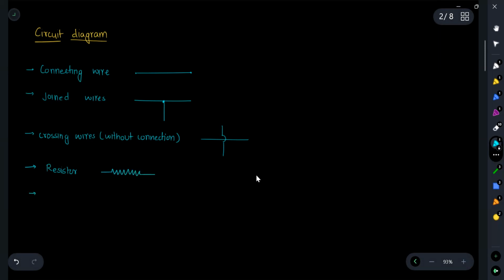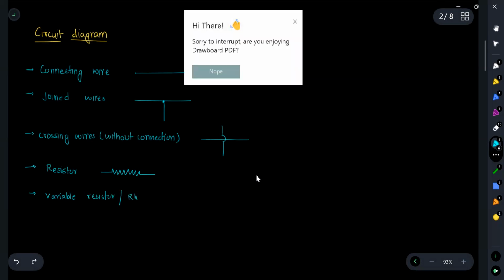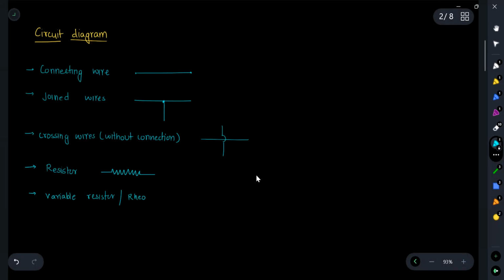Then we have variable resistor, or a rheostat. Which is drawn in one of two ways.